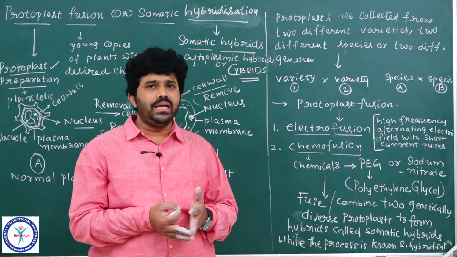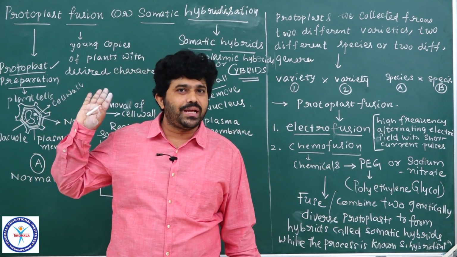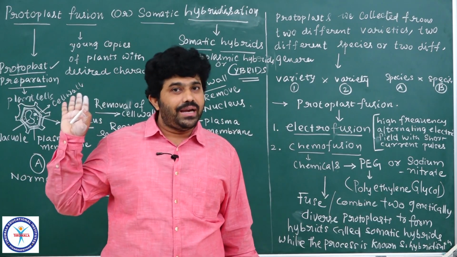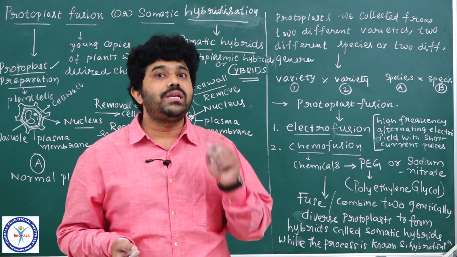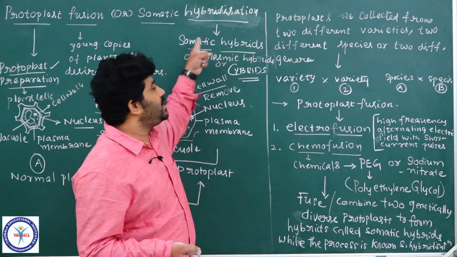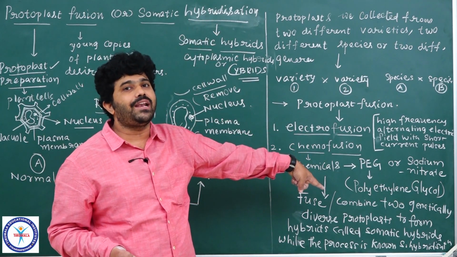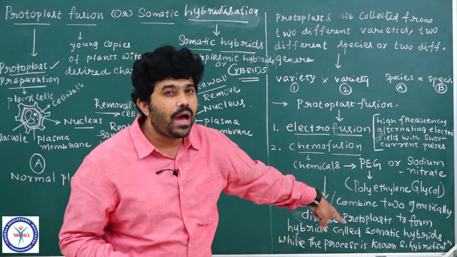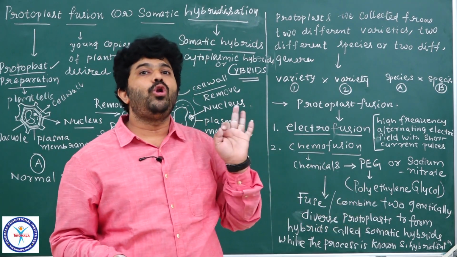In plant tissue culture, as we have already discussed, meristem culture is very useful for producing clones which are genetically identical to the parental plant. But in somatic hybridization or protoplast fusion, the young generations they produce are not genetically identical. That's why those are not called clones.